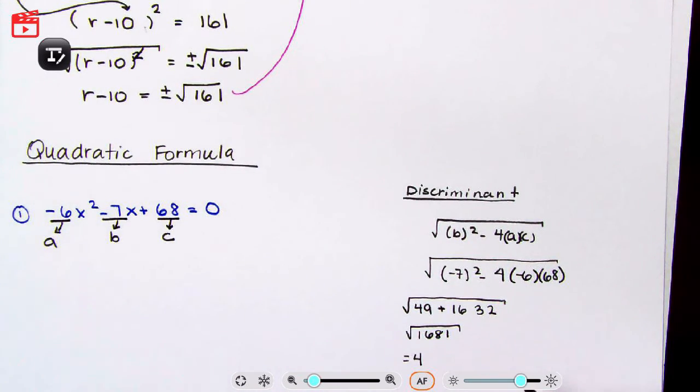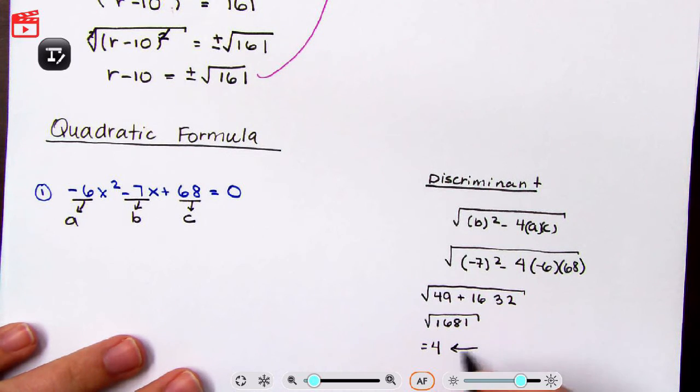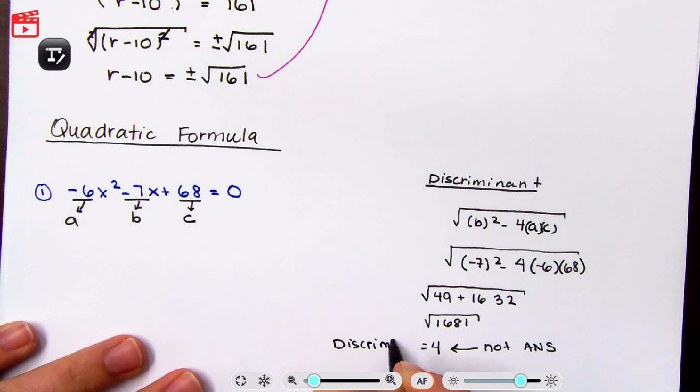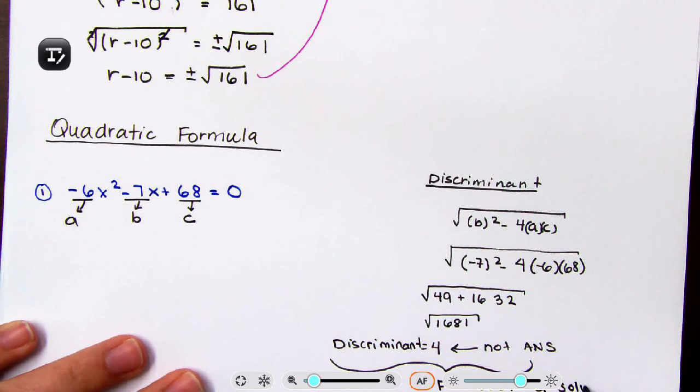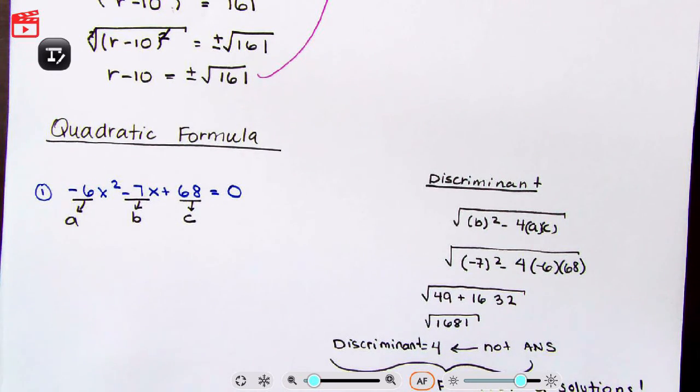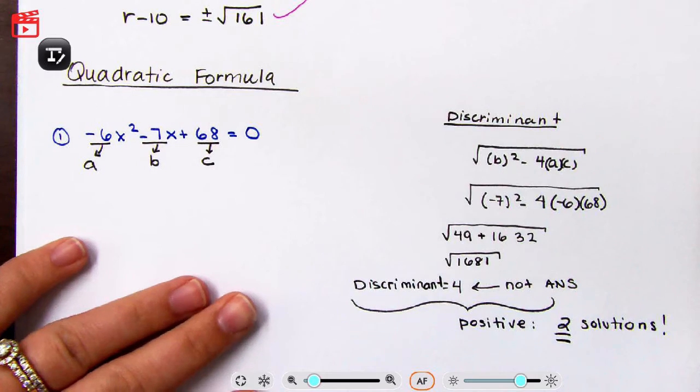And so what does that mean? This is not our answer. This is just the discriminant. And since it's positive, that tells us you're going to have 2 solutions. Now it's our chance to find out what those solutions are.